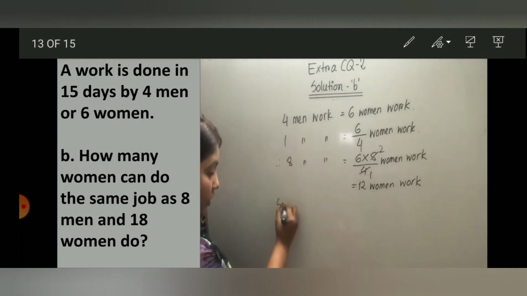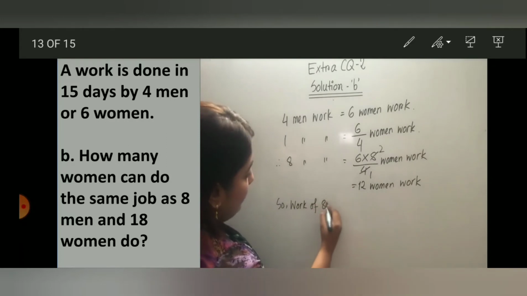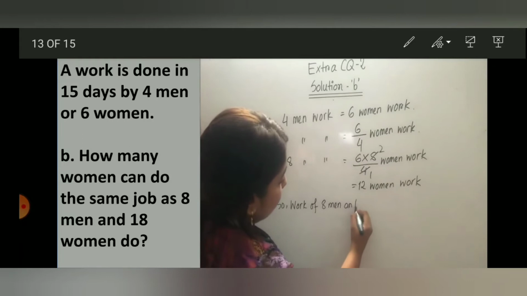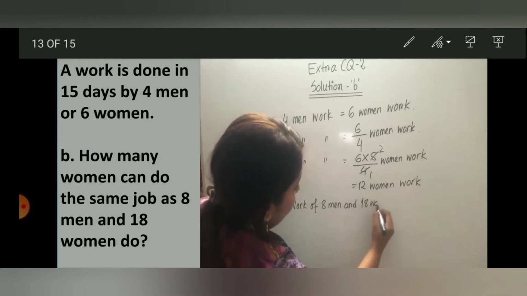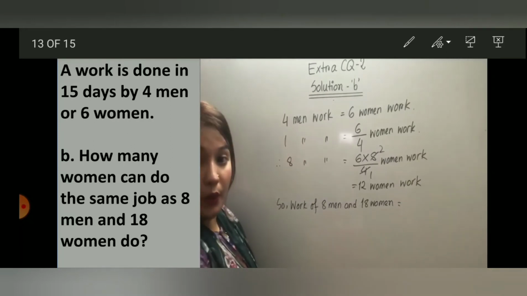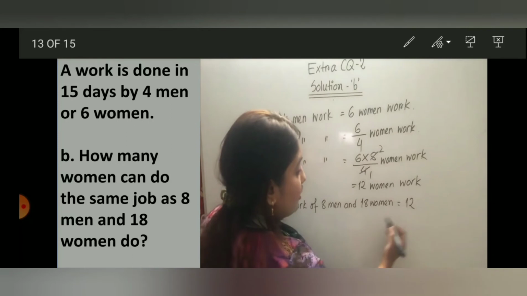So in the question it was given the work of 8 men and 18 women. So already we have converted 8 men into women. The value is 12. So instead of 8 men, I am writing 12.